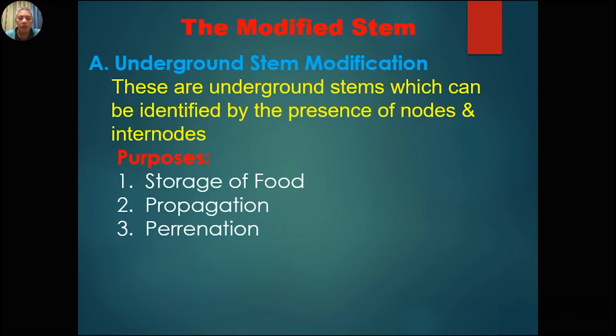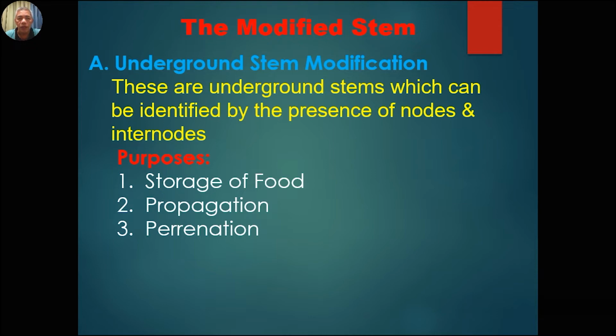The modified stem. As the term signifies, there are three categories of stem modifications. We have the underground stem modification. The underground stem modifications are underground stems which can be identified by the presence of nodes and internodes.